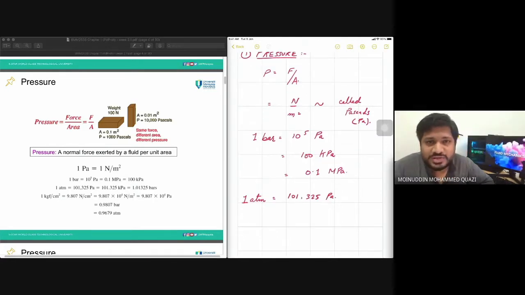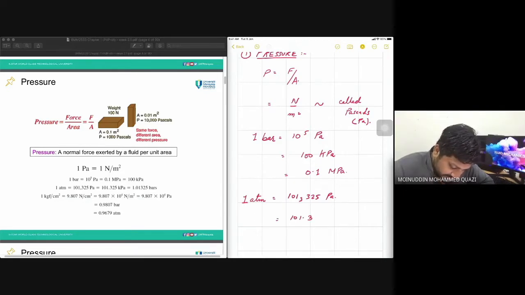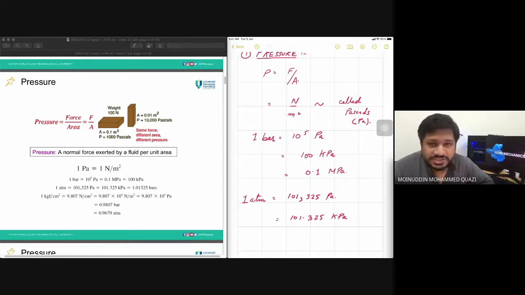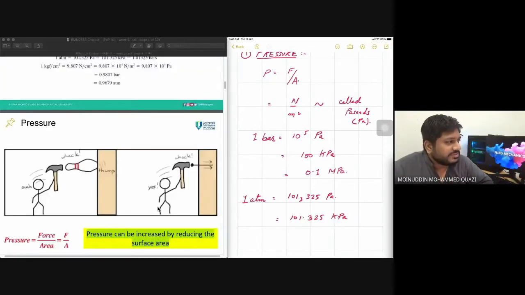If I tell you normal temperature and pressure of air, you will say the pressure of air is 101,325 Pascal, or 101.325 kilopascal. So these are some of the units of pressure. This was quite simple.